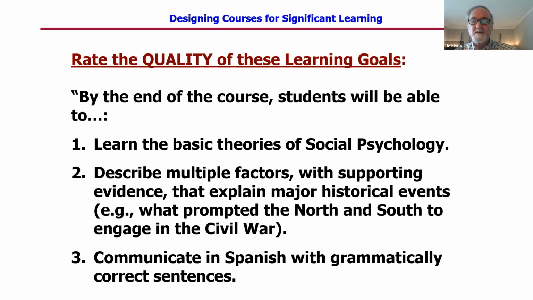And to me, number 2 hit it about right in the middle: describe multiple factors that explain a historical event. I get a handle on that. It's focused. I don't get too many things other than supporting evidence in the criteria, but that's an important one, so I went ahead and put it in there that you really want to pay attention to that evidence component of this.